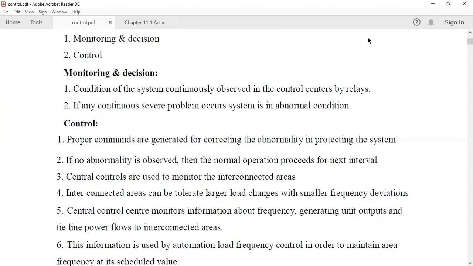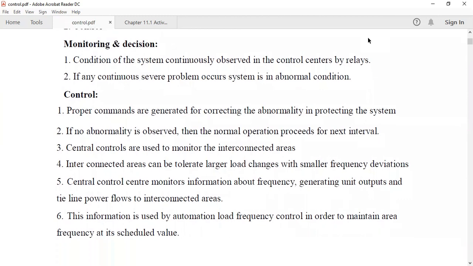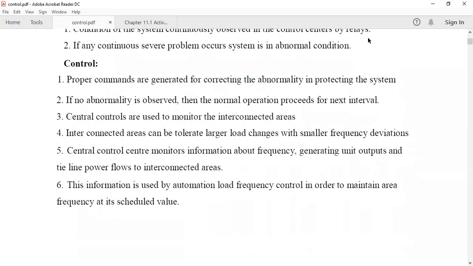This is because if any increase or decrease of demand occurs in the system, it can be managed without hampering the basic parameters like voltage and frequency. This information is used by automatic load frequency control in order to maintain the area frequency at its scheduled value.